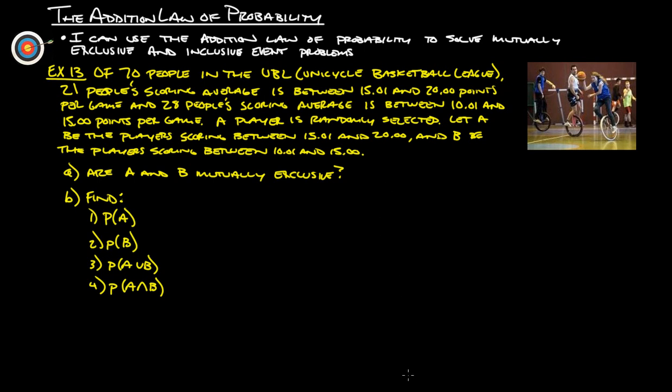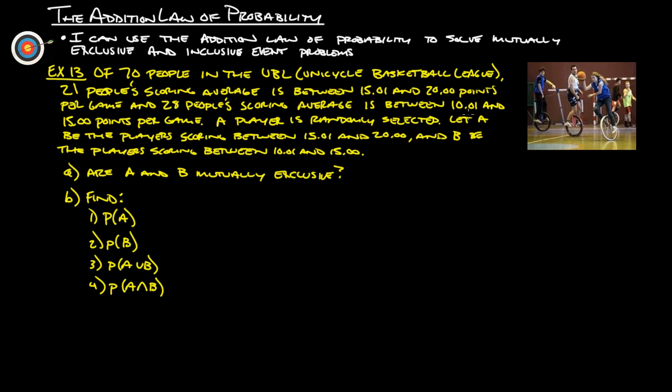Let's create ourselves a Venn diagram for that. The first thing we want to do before we put it on our Venn diagram is figure out, are A and B mutually exclusive? Mutually exclusive, remember, means: can they both happen at the same time? These two events, you can't have an average between 15.01 and 20 and between 10.01 and 15.